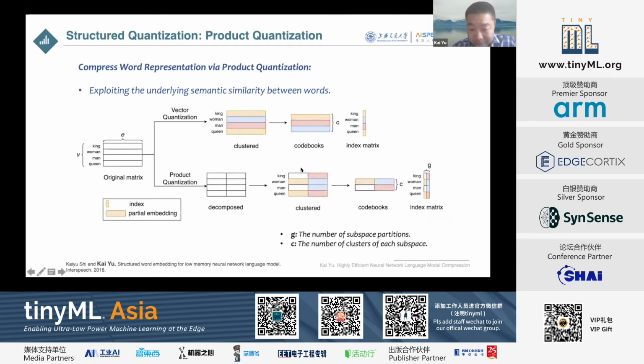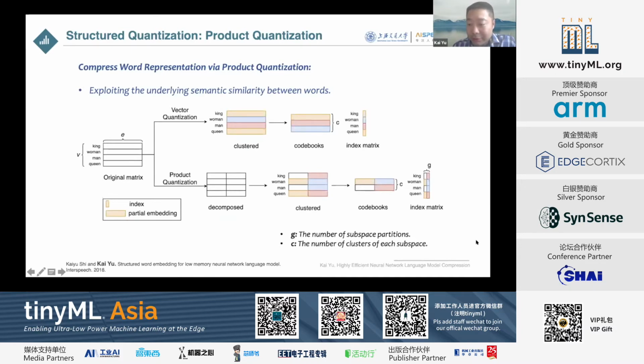For each subspace here, we design a specific codebook. And then we can use an index in this subspace to represent each word in this subspace. Similarly, we can do that for the rest. In this case, we have a codebook for each subspace and an index for each subspace.